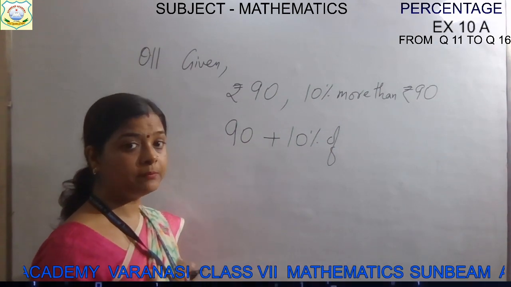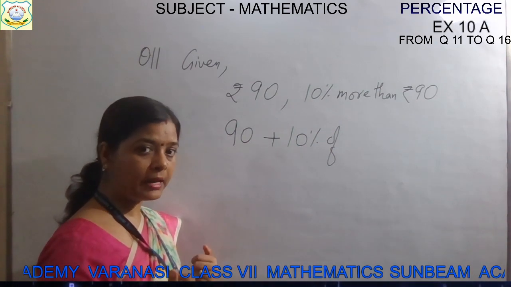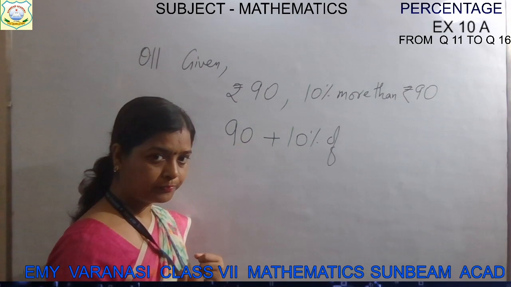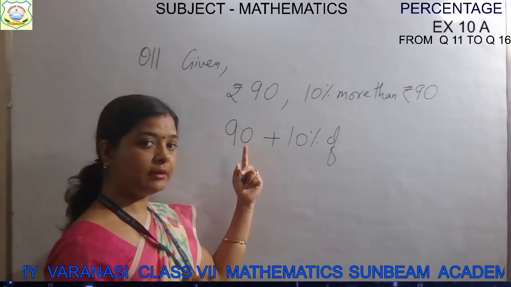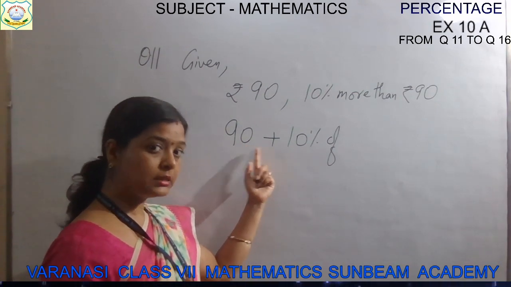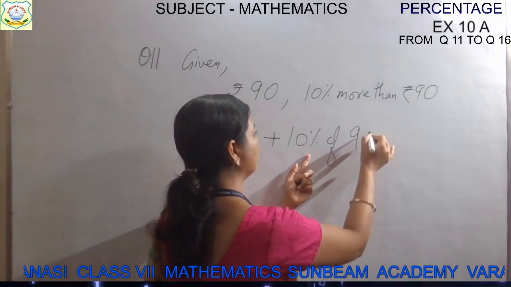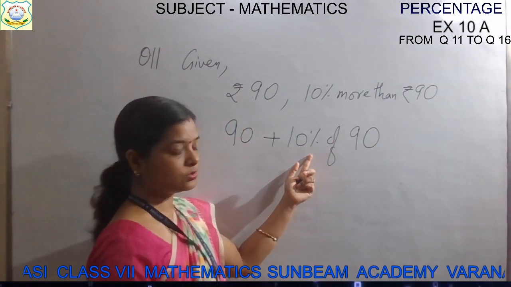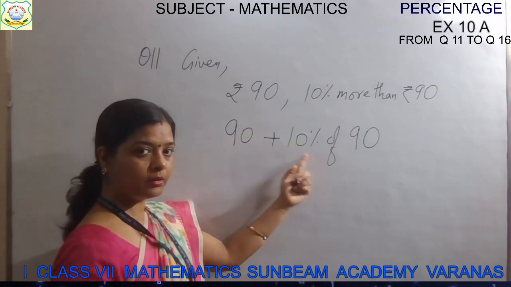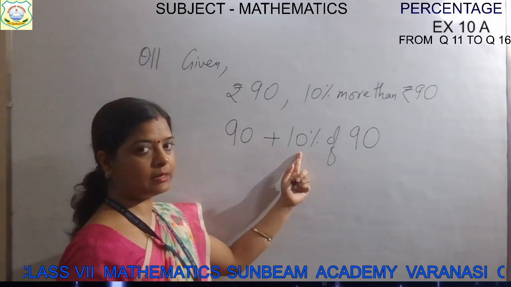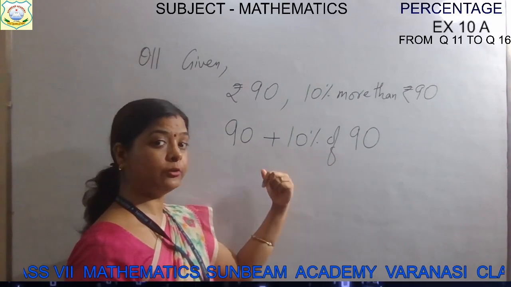No. 10% of what I am having, that is 90 rupees. So he is having 90 rupees plus 10% of what I am having. I am having 90 rupees. So we have to add them.